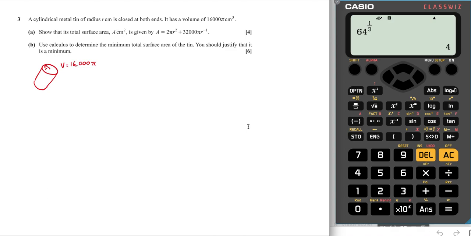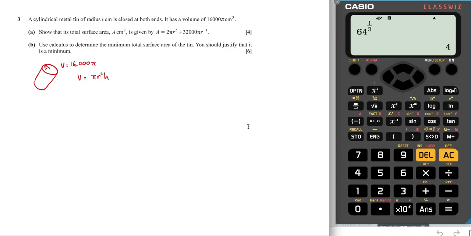Not going to lie, that's not very helpful to me at the moment. Oh wait, it's not too bad. We know the volume, and we know there's a link between volume and radius. We could use that because the volume of a cylinder is pi r squared h, the area of the end multiplied by the height.